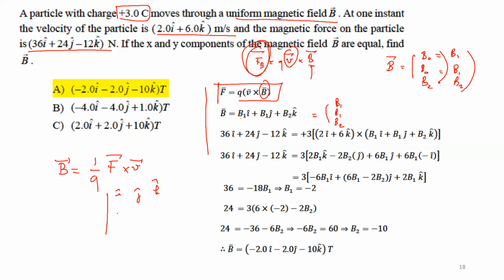So F is just 36, 24, minus 12. And V is just 2, 6, 0. Now what should be B? So you calculate B.